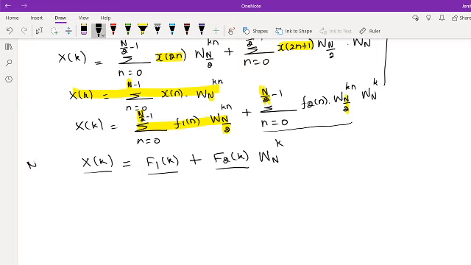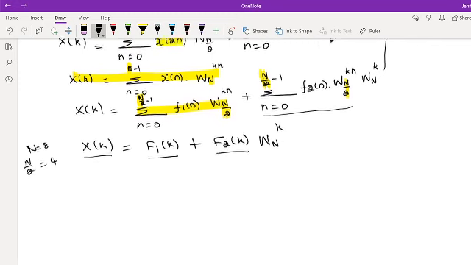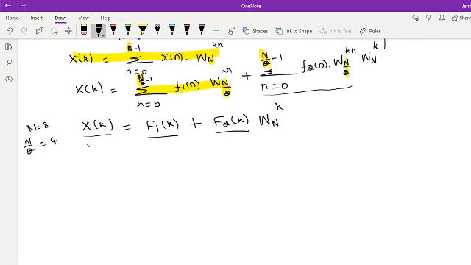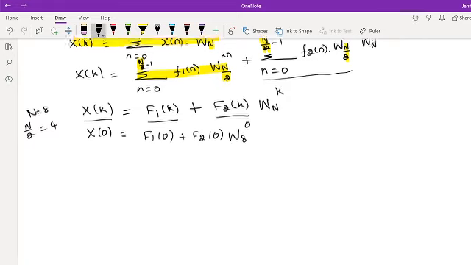Now if I am choosing N is equal to 8, this N by 2 is 4. So if suppose x of k is 8 samples, f1 of k and f2 of k are only 4 samples. So we are going to substitute the k value only from 0 to 3 for f1 of k and f2 of k. So first in this entire equation, I am going to substitute k is equal to 0. So x of 0 is equal to f1 of 0 plus f2 of 0 into W. Here we selected N is 8. So W 8 power 0.